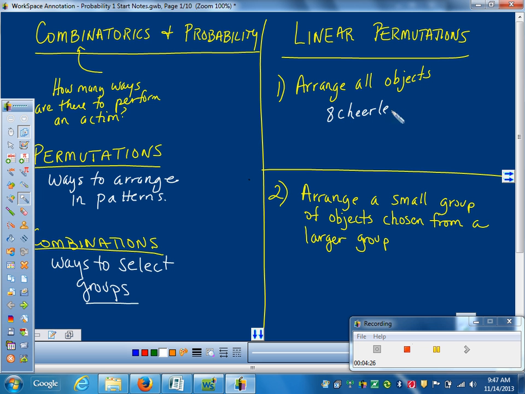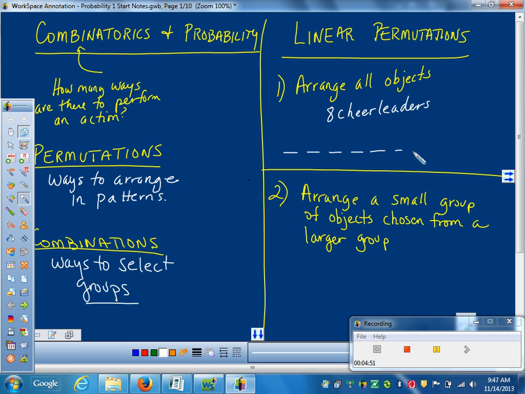How many different lines, different patterns can they stand in if they stand in a line? 8 factorial. Luke says 8 factorial. You all buying it? Okay, you're all remembering stuff. That's good.